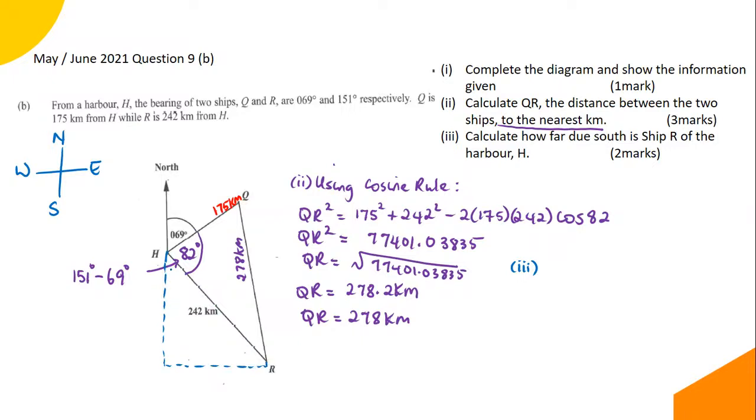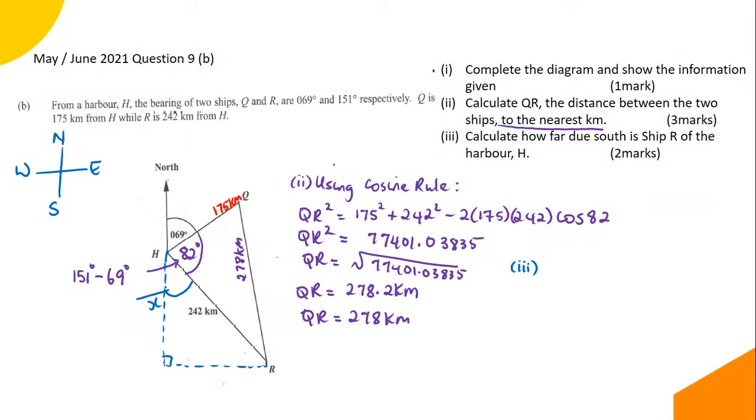And this is what we want to find. How far due south is ship R of the harbor H? So let's call that X. This here is a right angle triangle, and we want to find X. We know that this here is a straight line. If this is a straight line, all the angles add up to 180 degrees.